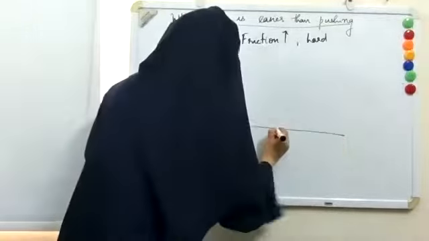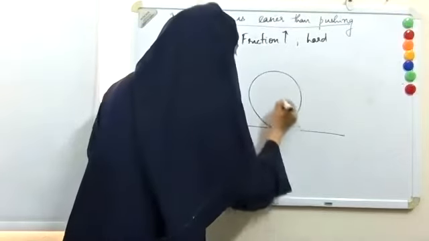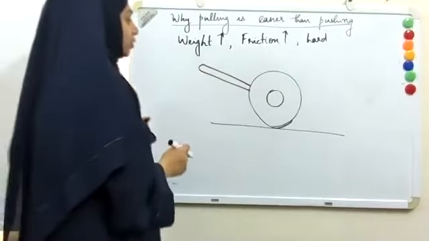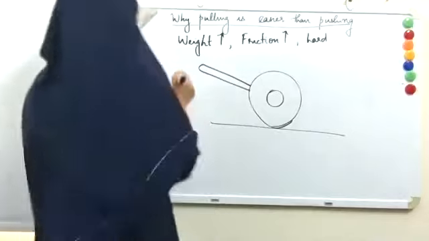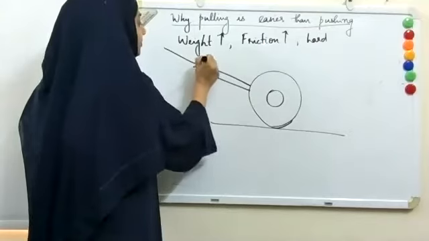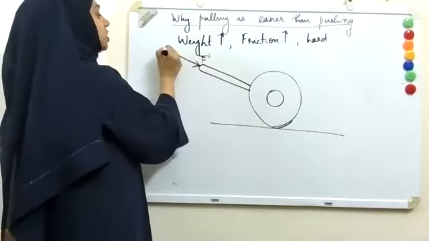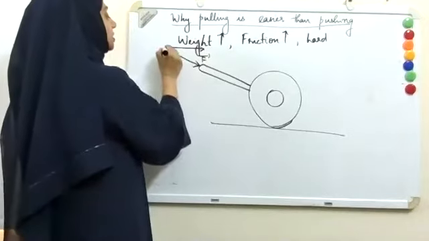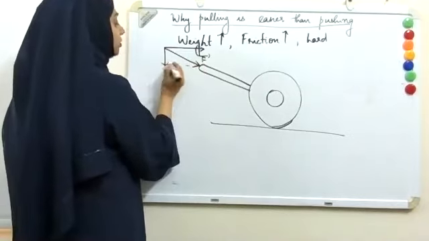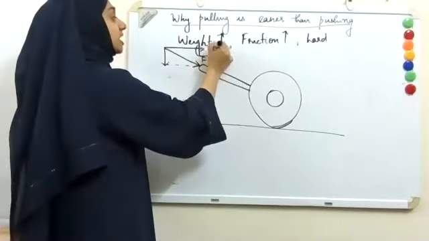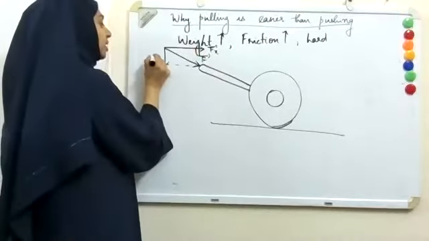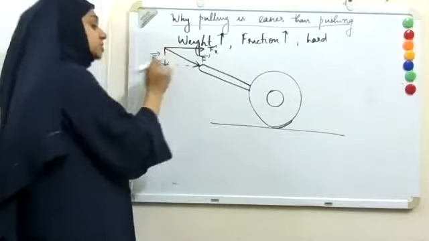So here I have a road roller. Now suppose there is a handle here and I am going to push this. So I'll be applying force in this direction, F. And this force is resolved into two directions, horizontal and vertical. The horizontal component Fx helps in moving in the horizontal direction, and the vertical component is Fy, which is downwards.